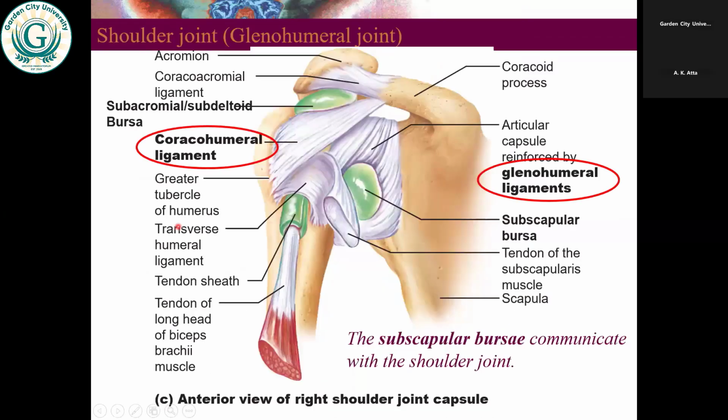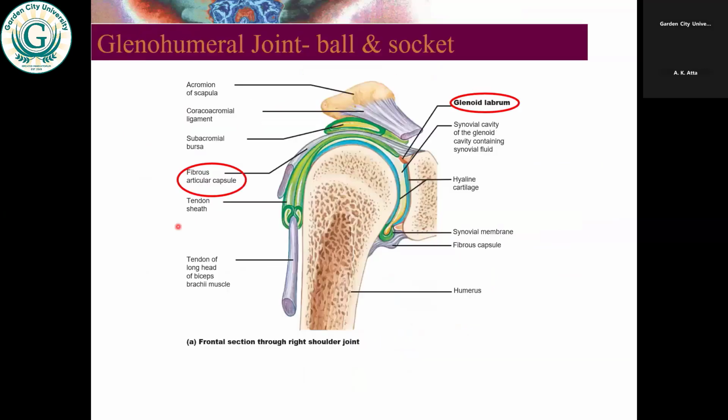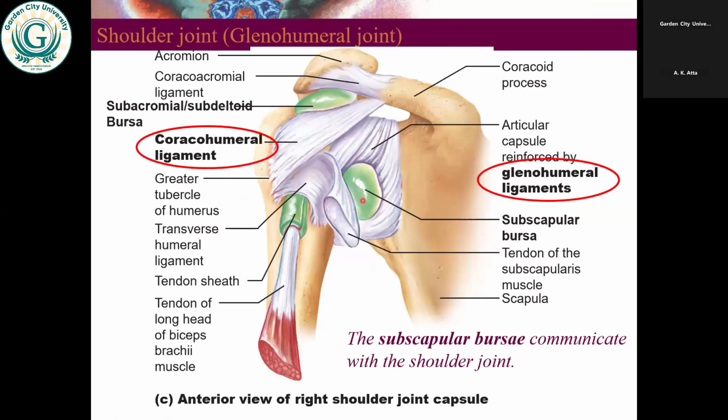So that's the shoulder joint. And what I keep saying is that the head of the humerus is big and it fits into a very small glenoid fossa. So the nature of the articulating bones does not offer stability to this joint. Ligaments, yes, you can see plenty of ligaments.